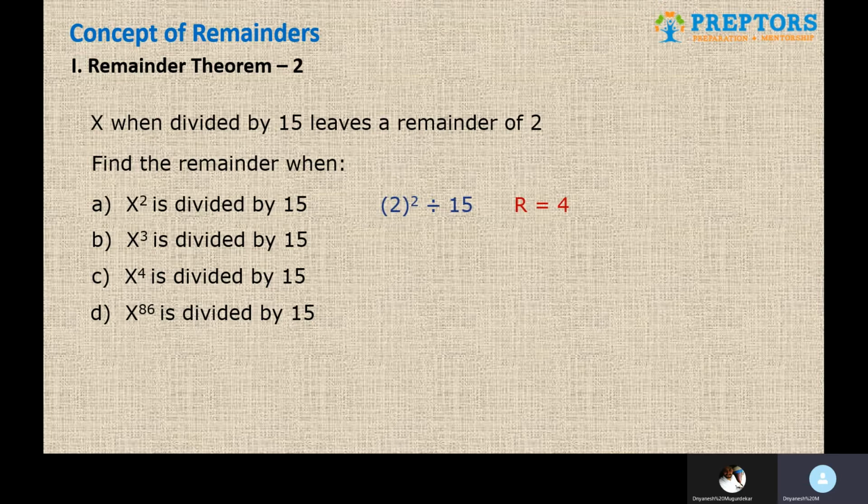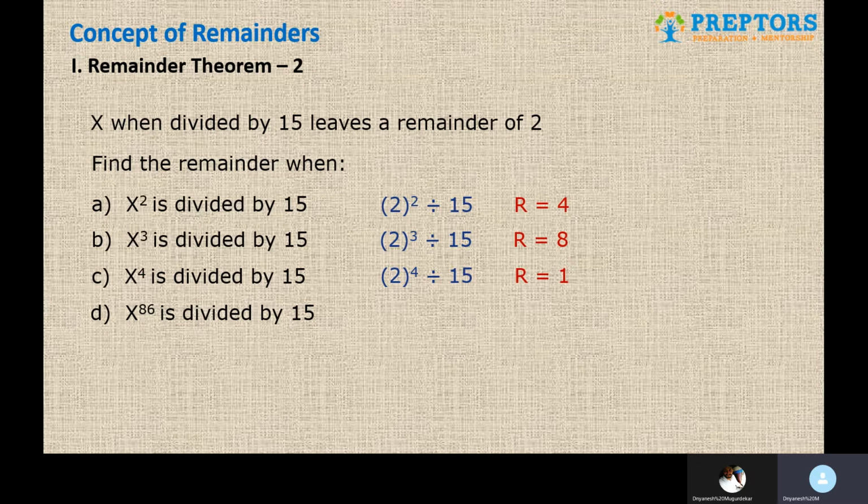First question, x square when divided by 15. Here x square becomes 2 square, which is 4. 4 when divided by 15 gives you remainder as plus 4. Next is x cube, which is 2 cube, when divided by 15 will give you the remainder as 8. Next is 2 raised to 4, which is 16. 16 when divided by 15 will give you the remainder as plus 1.